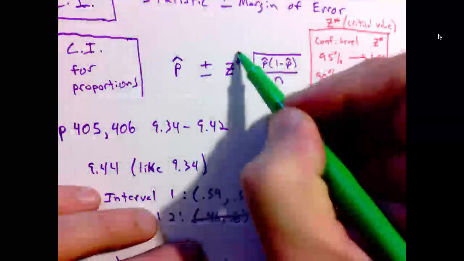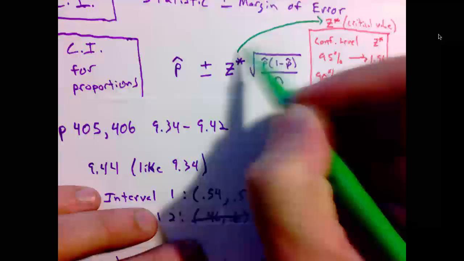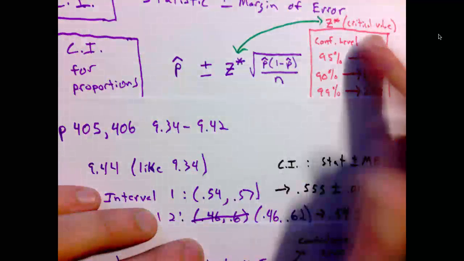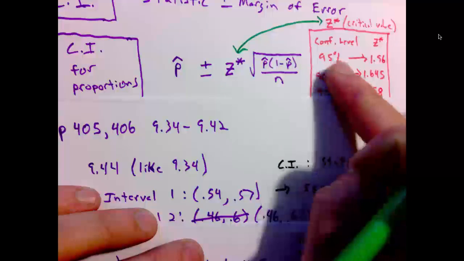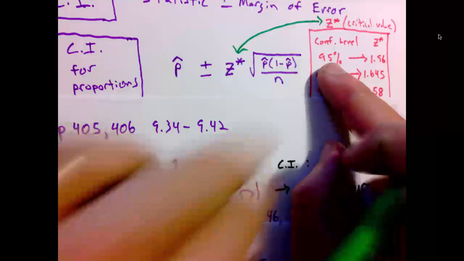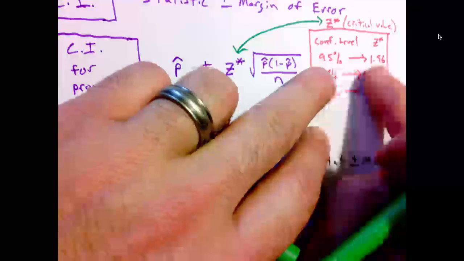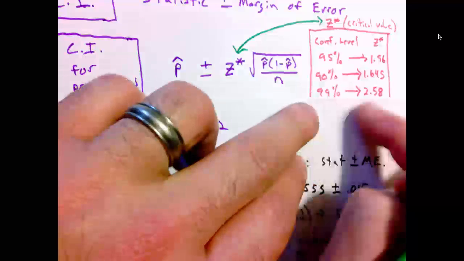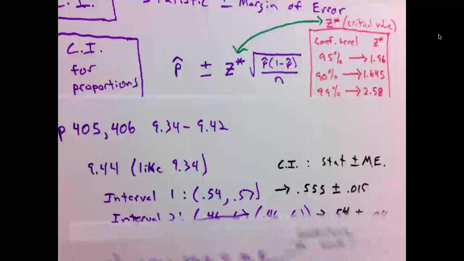It's going to be given based on our confidence level. The greater our confidence level, the greater this z star. See, 95% gives 1.96, 99% gives 2.58.